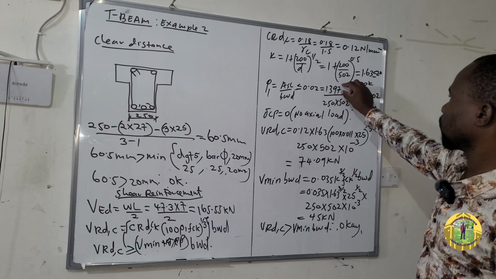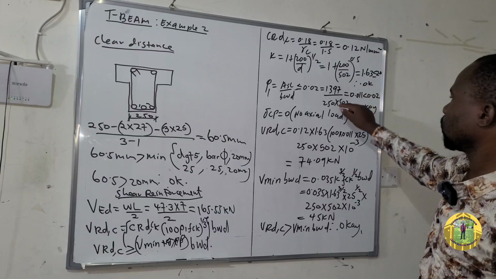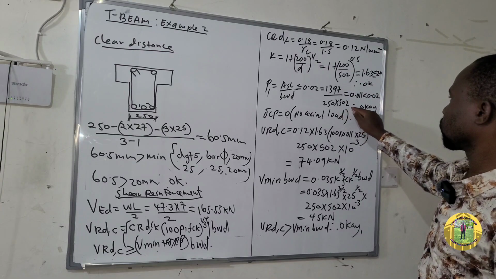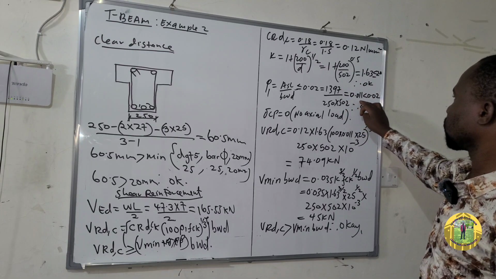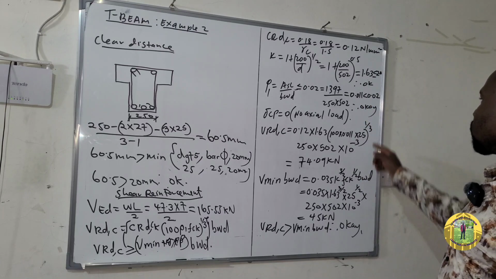So this is the area we calculated, which is 1397 over 250 times 502. You will get 0.011, which is less than 0.02, which is okay.